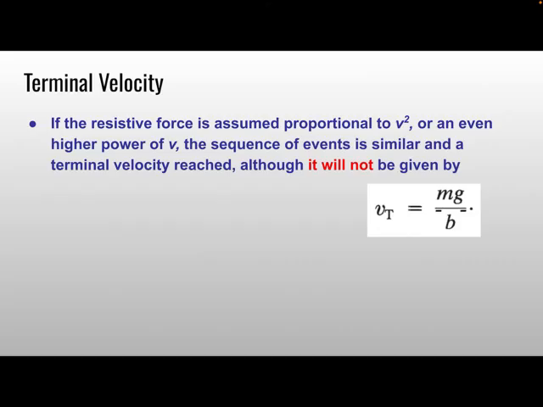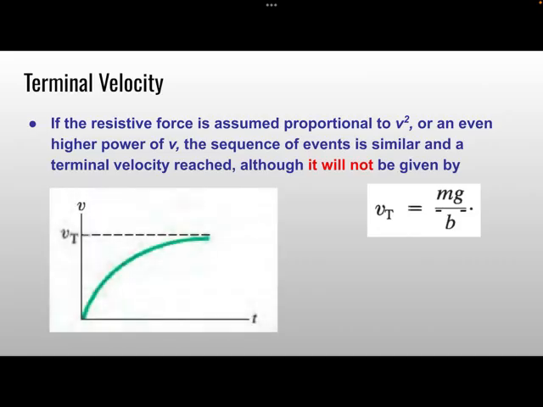But if we graph this now, our graph becomes something like this, where velocity will increase, but at a decreasing rate until eventually it reaches a constant value, terminal velocity.